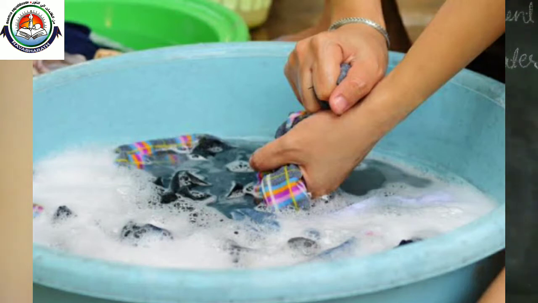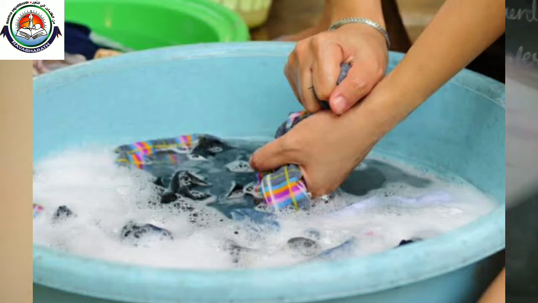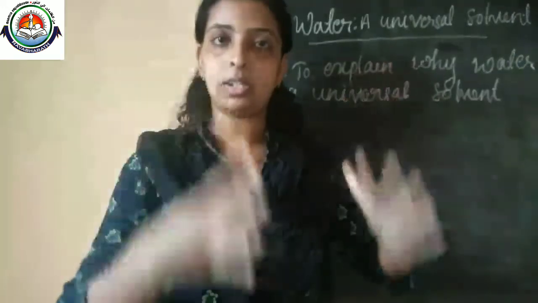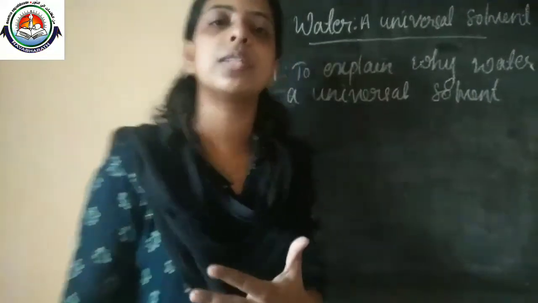However, there are many substances like oil and sand that do not dissolve in water. All substances do not dissolve in water, but many of the substances can easily dissolve in water. So we can say that water is a universal solvent.